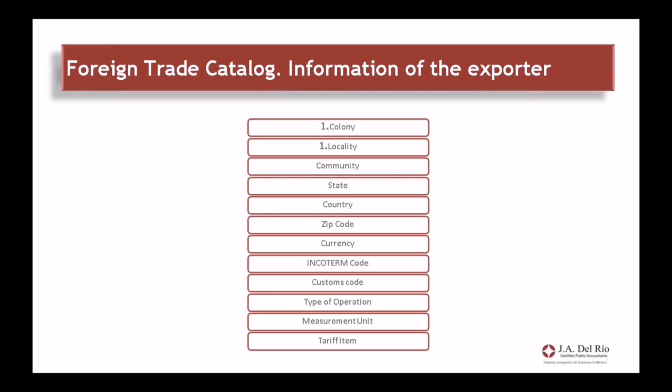This information is only for the exporter. For example, in the case of the colony, there are more than 240 colonies registered. There is a lot of information there, but it's only for the Mexican entities.